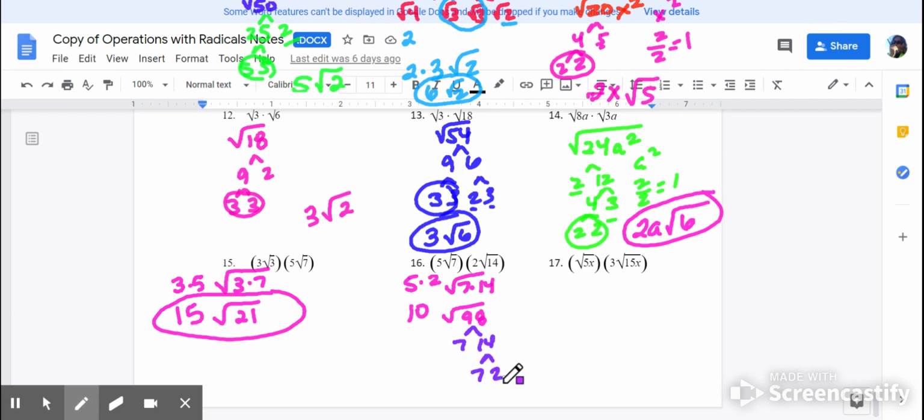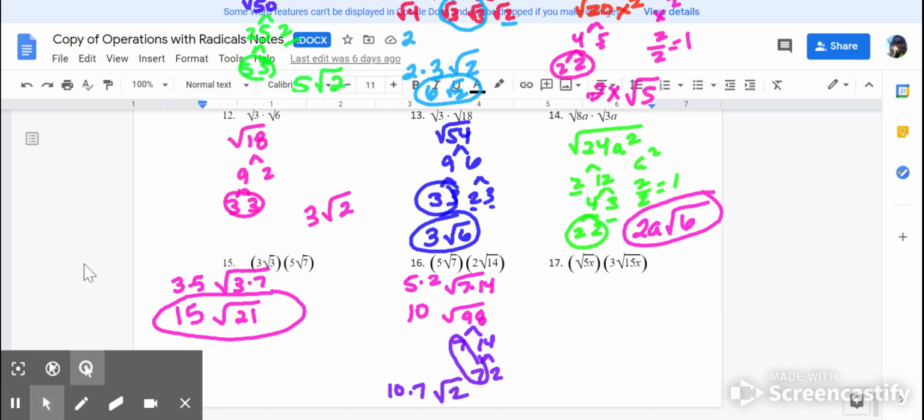So factors 7 and 2. I have a pair of 7's. So on the outside will be 10 times 7, while the inside will be the square root of 2. Then I can just simplify that to give me 10 times 7 is 70 on the square root of 2.